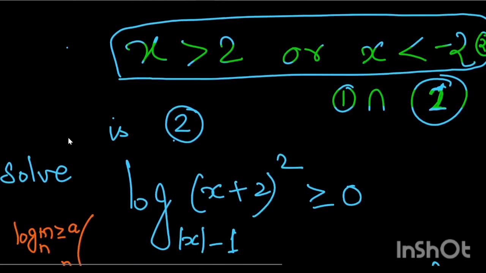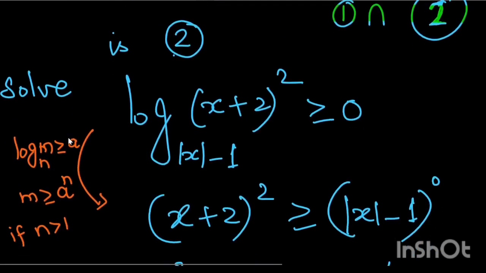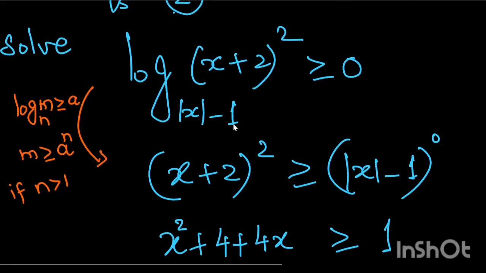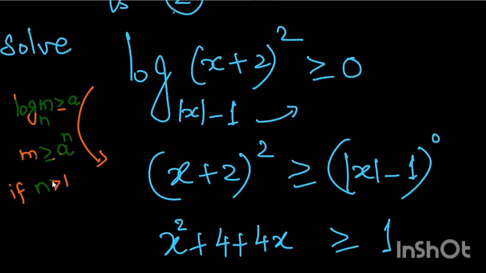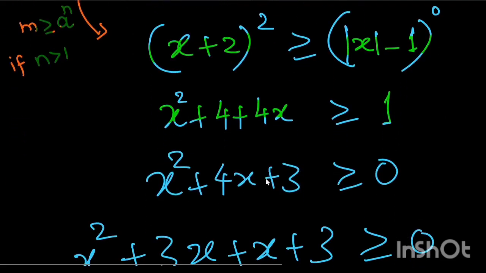That is the domain. Now we will solve it, guys. Now when we solve it, this mod x minus 1 will push this 0 up using this rule of inequality, log m base n, where n pushes a up without changing the sign if n is assumed to be greater than 1, which we already did. So x plus 2 whole square, expanding this, 1 and 1, 1 goes to the left-hand side.